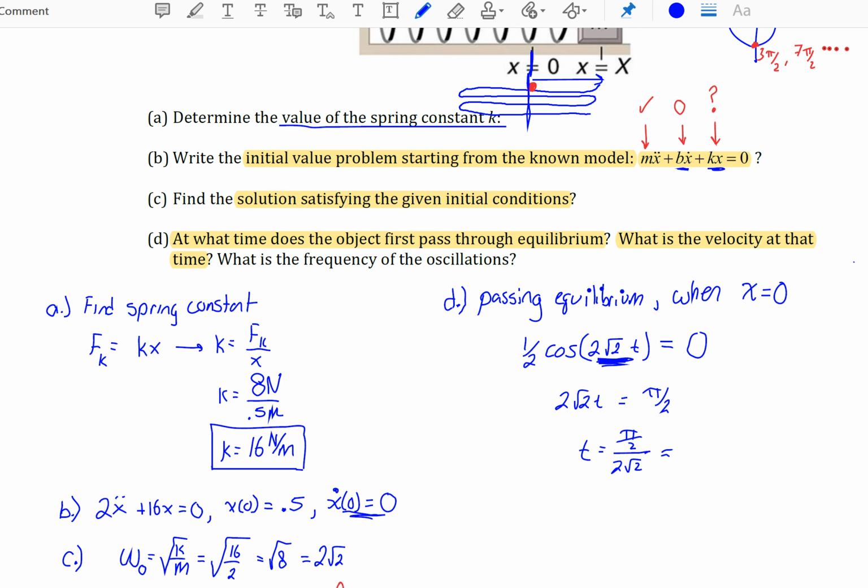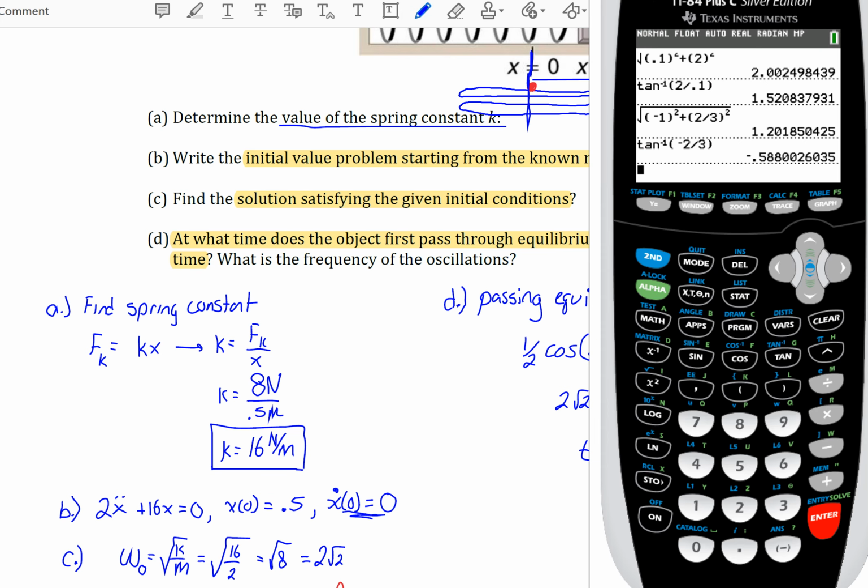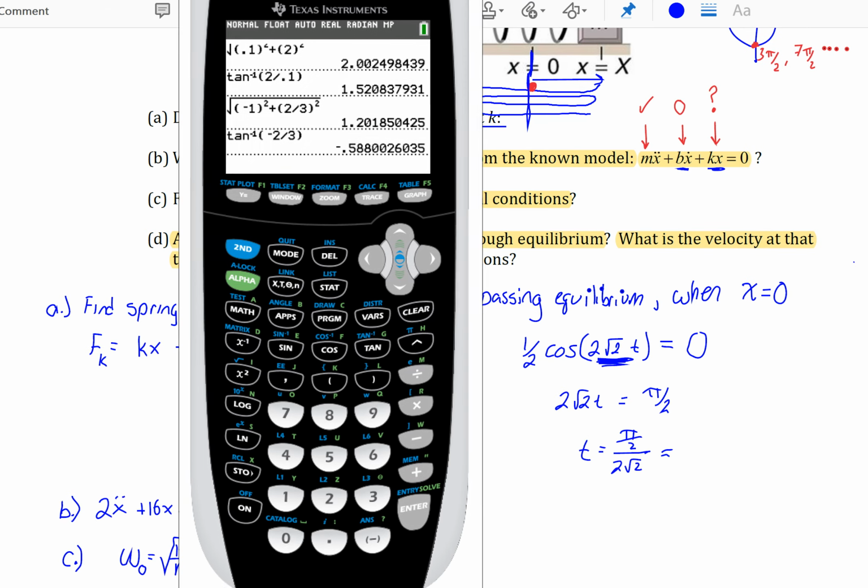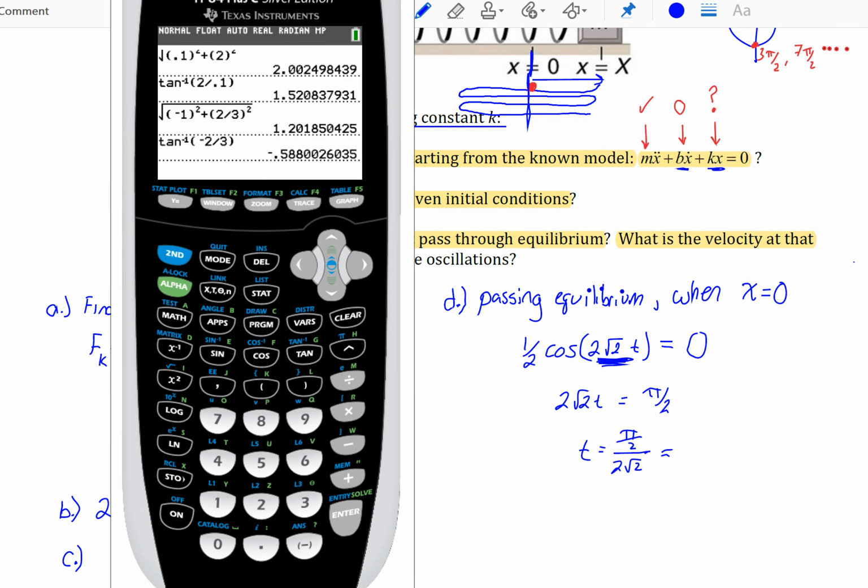So let's grab your calculator and look at pi divided by 2 divided by 2 root 2.